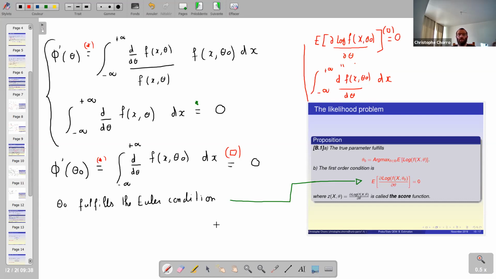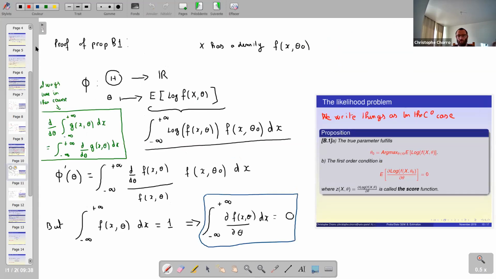Just a remark: as you see, I have done all the computations as if theta is included in R. I do the proof in this situation because I want to deal with partial derivatives in the proof. But if you follow what I have done, just considering partial derivatives will give you exactly the same thing.